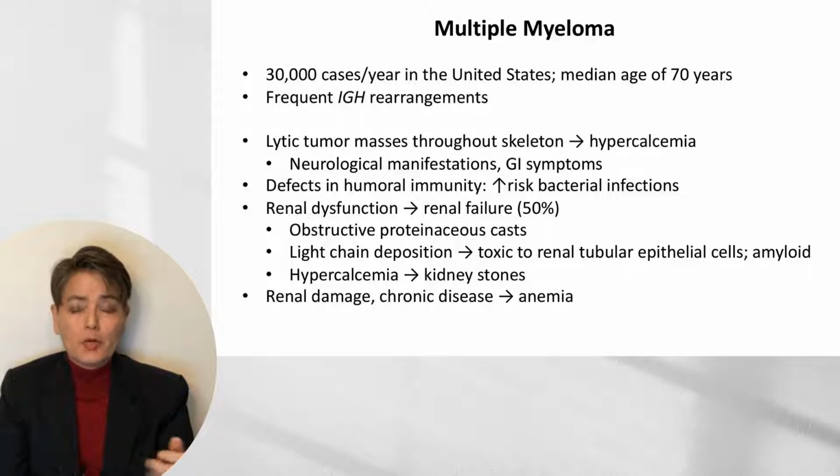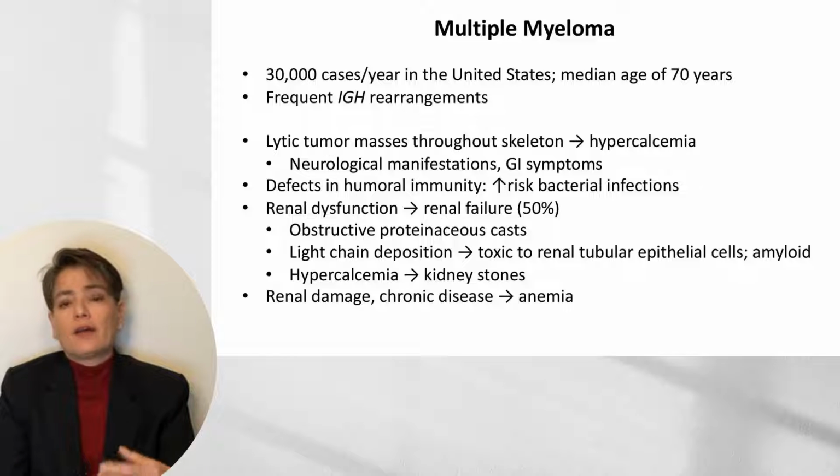As we dissolve that bone, that will release calcium, and that can lead to hypercalcemia with attendant neurological manifestations and GI symptoms. The point of talking about multiple myeloma is actually our defects in humoral immunity, and I'll show you a nice image that explains why we get this. This will increase our risk of bacterial infections. I mentioned renal dysfunction. We actually get renal failure in about 50% of patients.